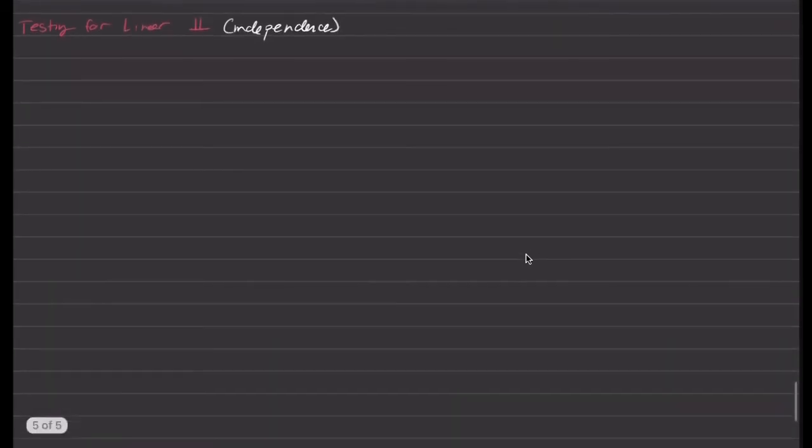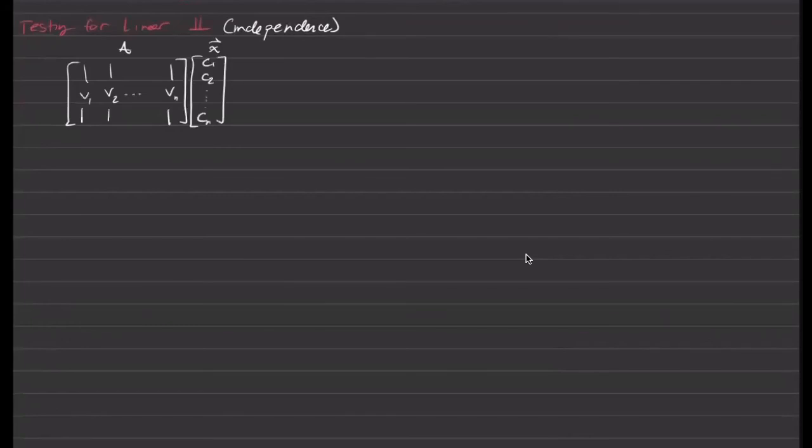So let's say we start off with this matrix A. We can consider A to be made up of a bunch of column vectors, v1, v2, all the way to vn. So this is A. And then we also have our vector x. This will be c1, c2, all the way down until cn. And we want this to equal 0. Okay, so that's the equation we're going to deal with.